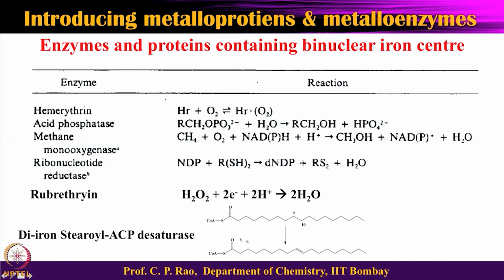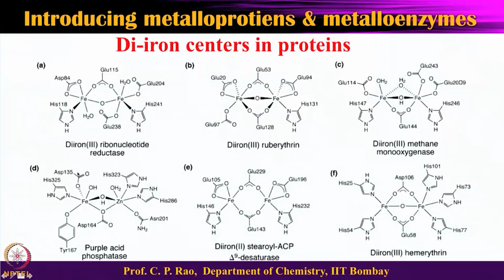But we are not going to look at the details of this particular enzyme because it is not so well known. Having said that, these are all binuclear iron enzymes. Let us look at their structures, the known ones and the unknown ones.